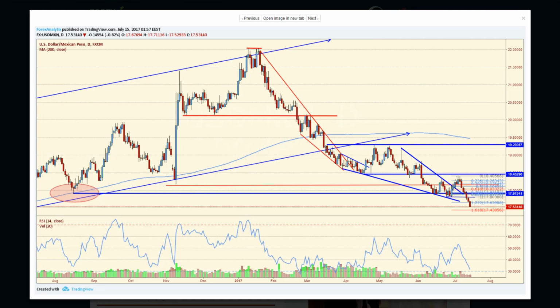Now when I talk about extreme sentiment, it's not necessarily the time that you need to start going the opposite direction right at this moment, but it's scary, because next week, if sentiment flips and we start to see this amazingly bearish sentiment in the US dollar across the board turn, and I can't really determine a reason. I'm looking at next week's calendar for events that might actually flip sentiment around, and I don't know what it is, but you don't necessarily need a trigger.